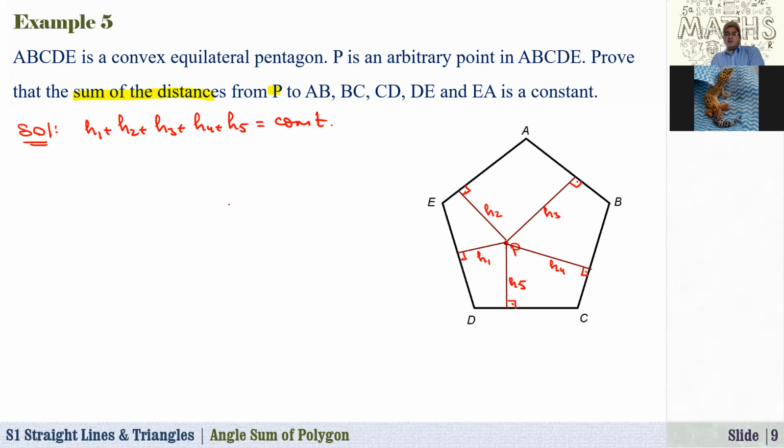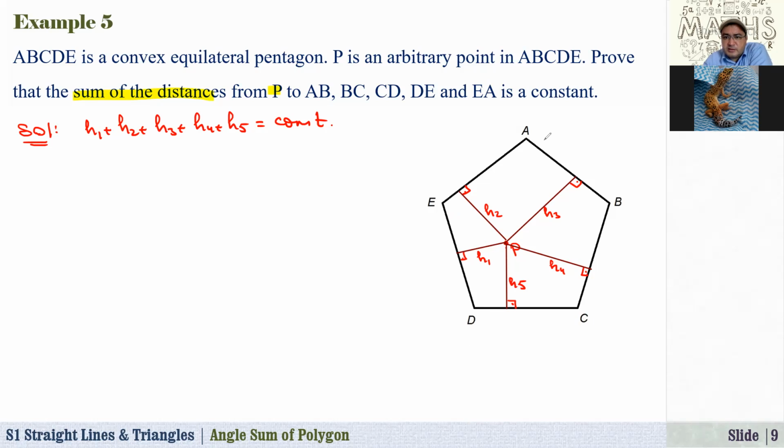To prove this, I will connect this P with the vertices of this pentagon.